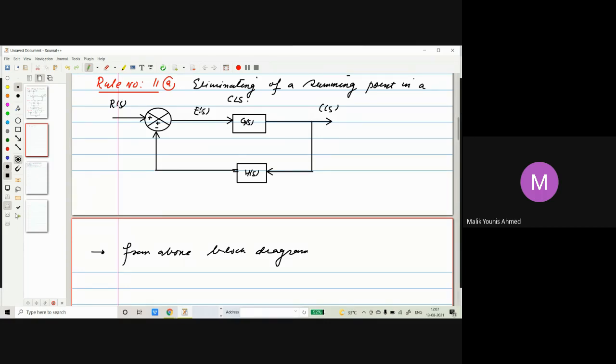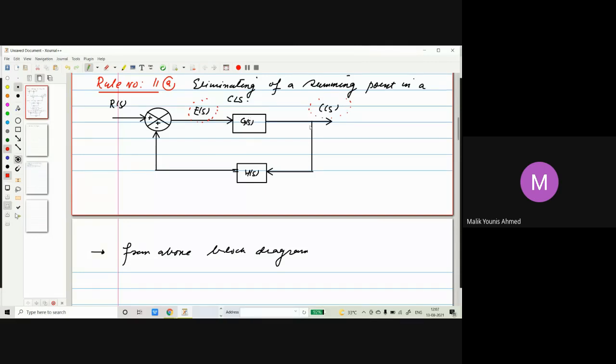See up to here, take one by one. Up to here, this is output, this is input, it's the error signal. We know that. Input goes to the summing point, and then we have the error signal, then transfer function, then output.